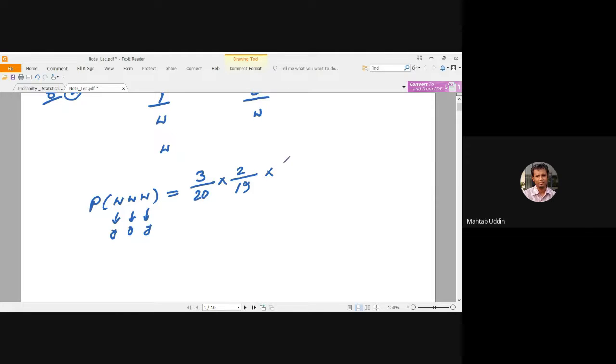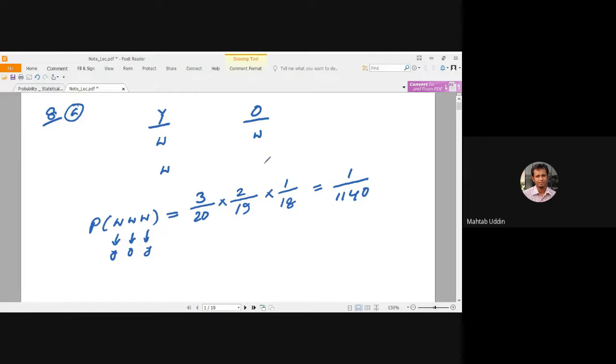Then the last winning ball out of 18. After the calculation, we'll get 1/1140. This is the event A. You win in your third turn. The game is over.